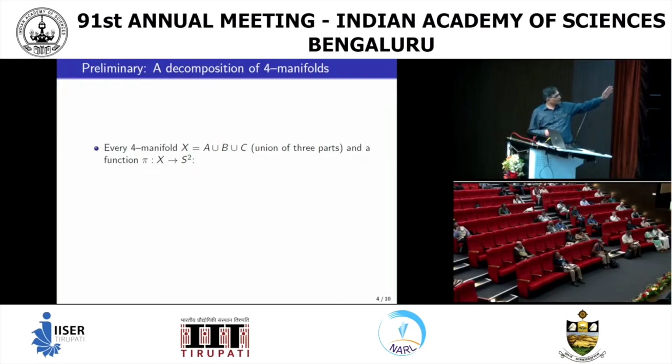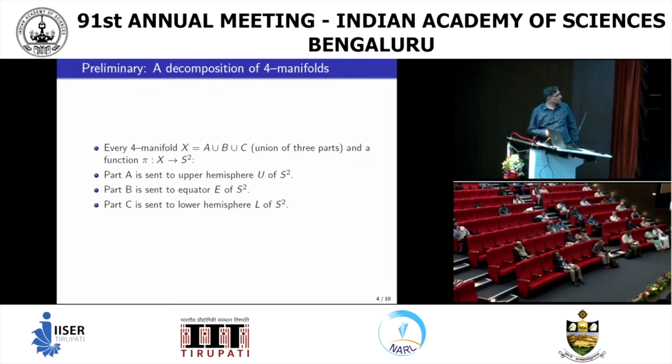These 3 parts come together with a function pi to the 2-dimensional sphere, which satisfies these 3 properties: part A is sent to the upper hemisphere of the 2 sphere, part B is sent to the equator, and part C is sent to the lower hemisphere.